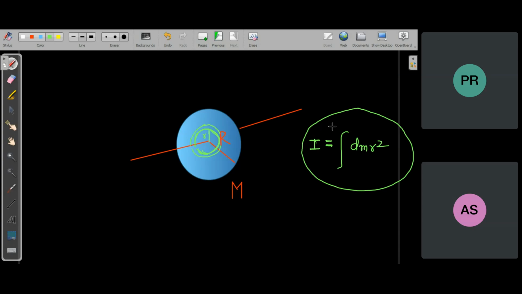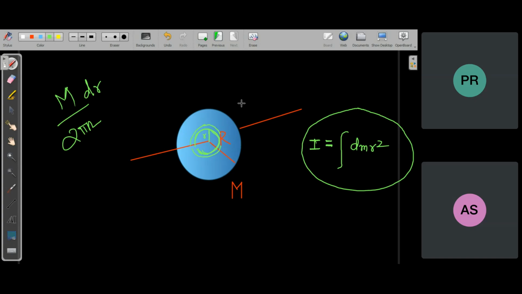Capital M by 2 pi r into dr, sir. No, that is wrong, completely wrong.